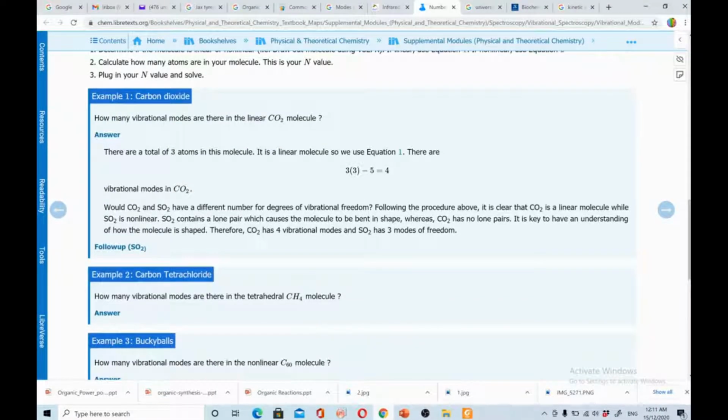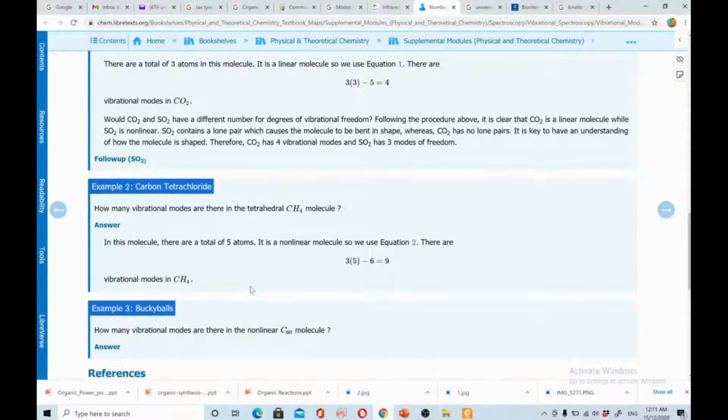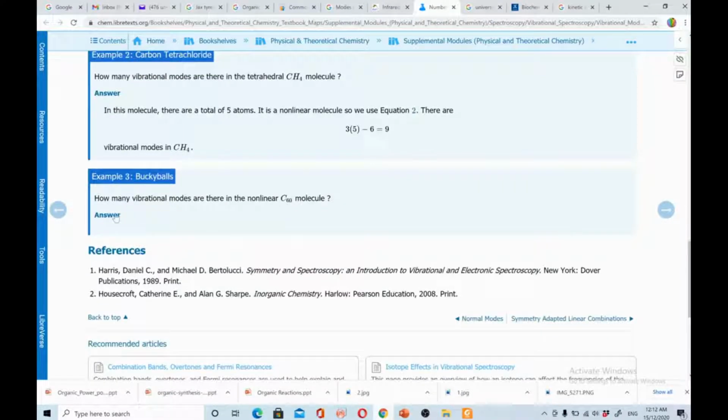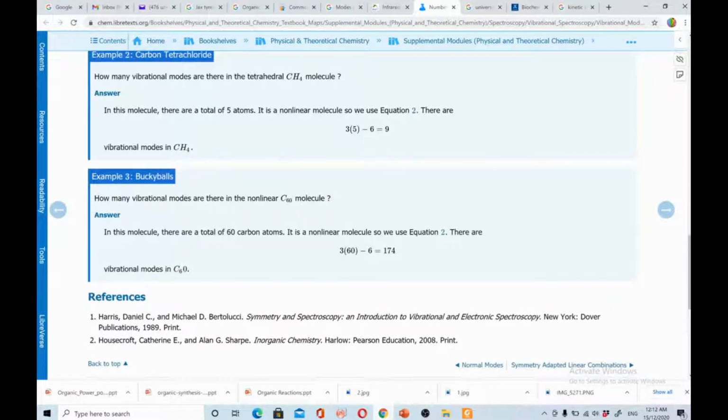If you see here the carbon tetrachloride example, or methane, in this molecule there are a total of 5 atoms, so we put 5: 3 times 5 is 15, minus 6 equals 9. Then buckyballs' vibrational modes: in this molecule there are a total of 60 carbon atoms. It's a non-linear molecule, so we will use the formula 3n-6, and there will be 174 modes of vibration for buckyballs.